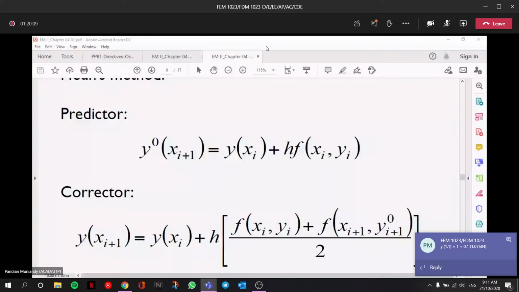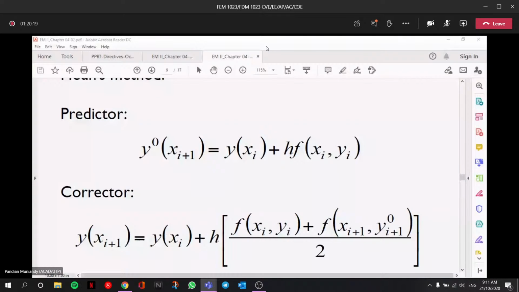So if you add these two, this 1.07684 multiplied by 0.1 plus 1. So your y at 1.1 will be equals to 6 decimal, 1.107684.